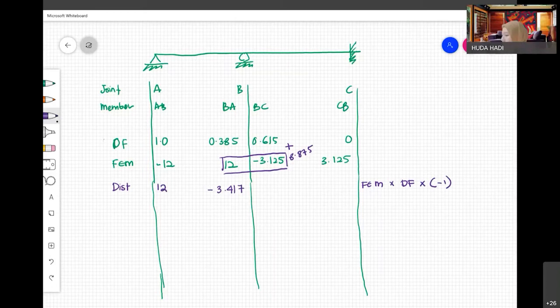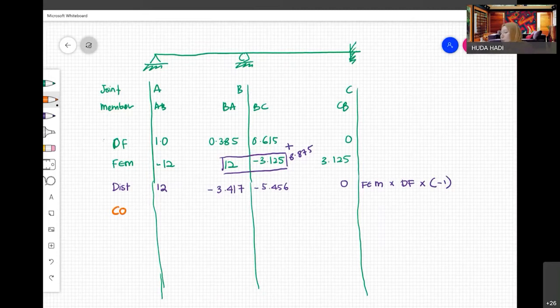Okay, don't forget negatif sebab you darab dengan negatif 1 tu. So negatif 5.458. Okay, next. For CB, I nak jawab sebab senang, I tulis kosong. Okay, sebab kita ambil je FEM 3.125 times 0. You dapat 0, so darab negatif pun masih 0.